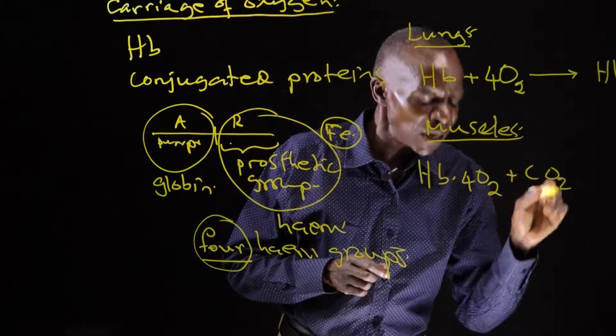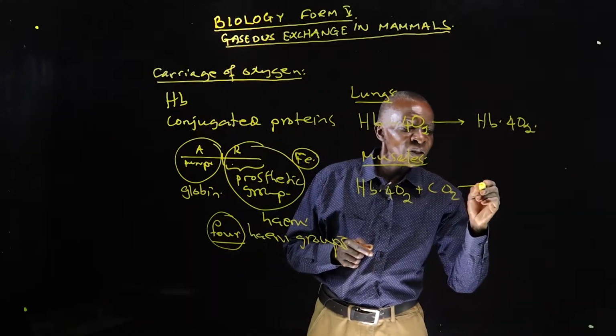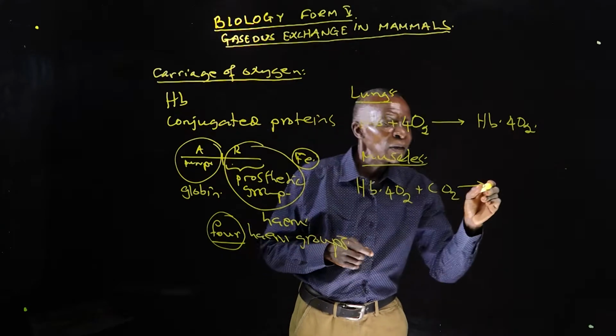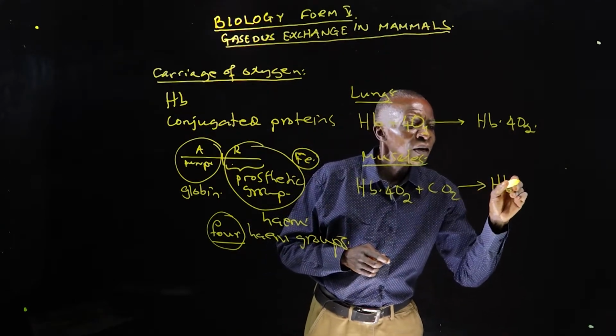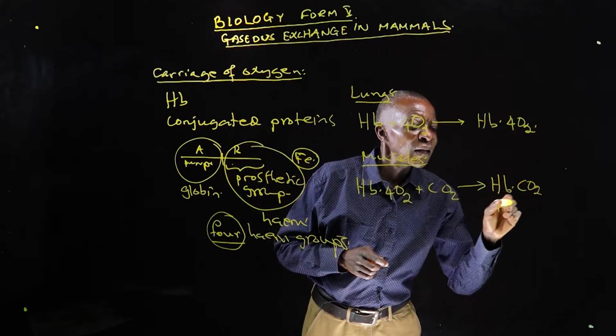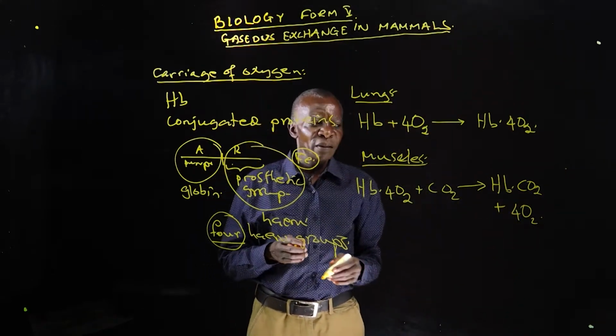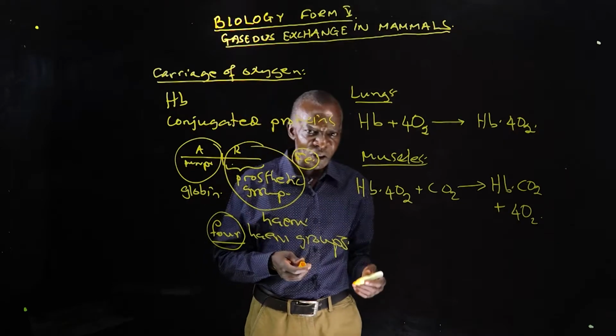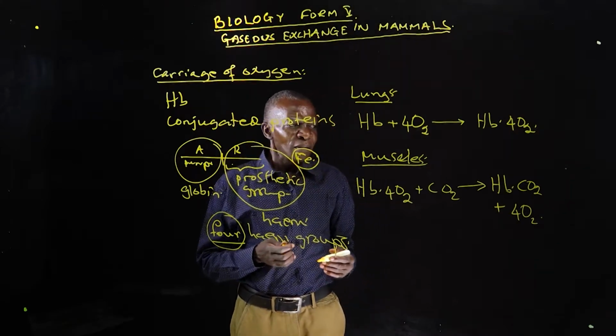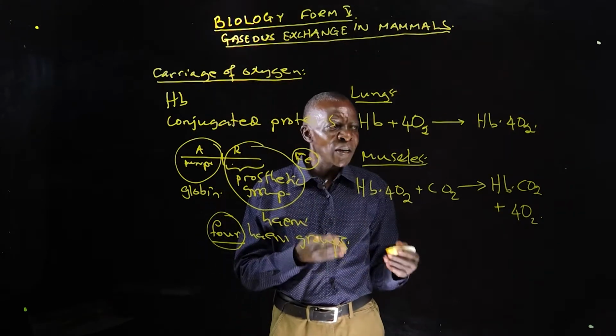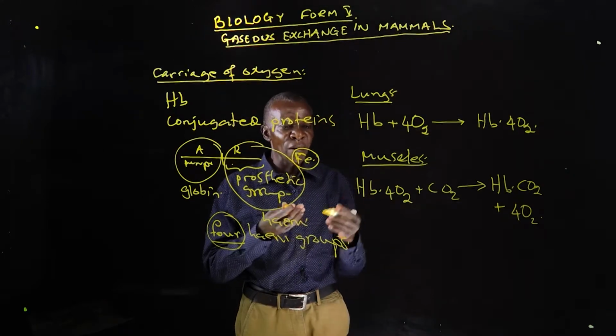There is carbon dioxide there. So it means hemoglobin will combine with carbon dioxide, and then it unloads the previously loaded oxygen. What advantage do we get by having hemoglobin behaving in this way?